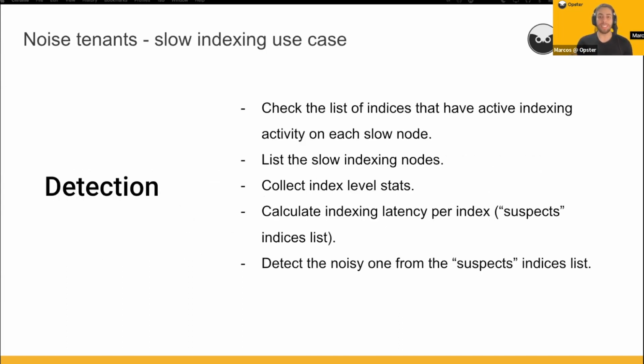To detect the issue, we can use any monitoring tool providing the list of indices that have active indexing activity, the list of slow indexing nodes, and collect index level stats. We would also need to calculate indexing latency per index. We can call that a suspect indices list because those are the slowest indices.